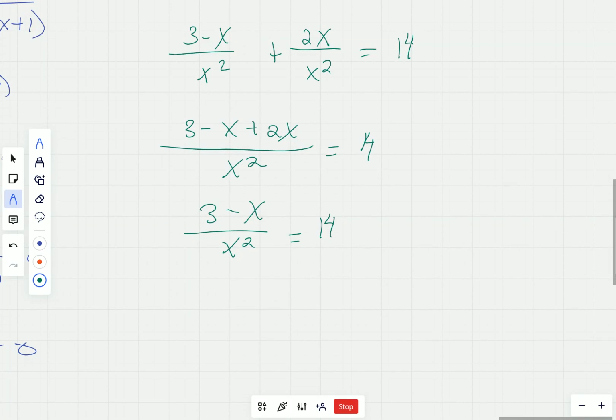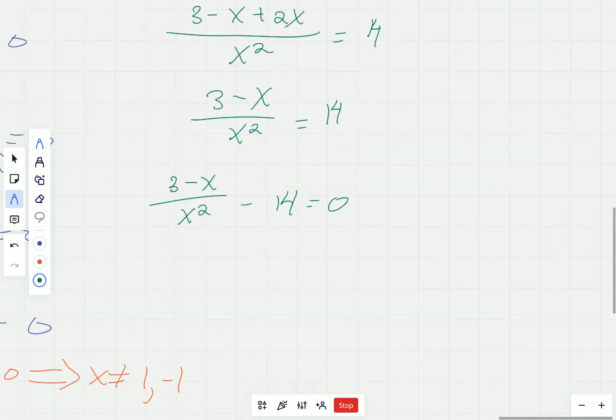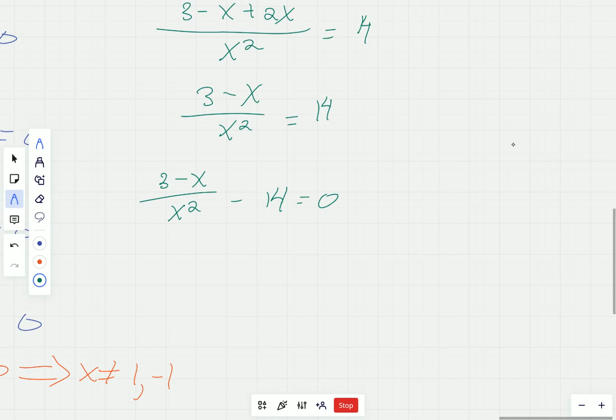Okay, now let's bring the 14 over to the left-hand side. Again, we need to put everything over a common denominator.